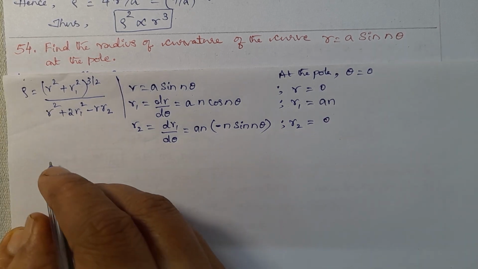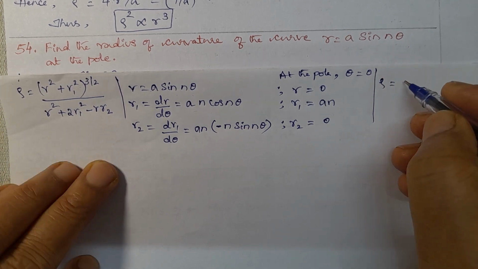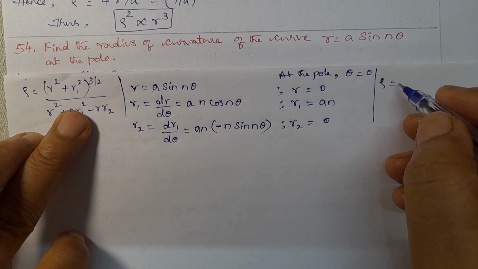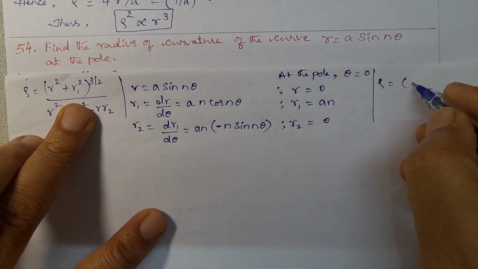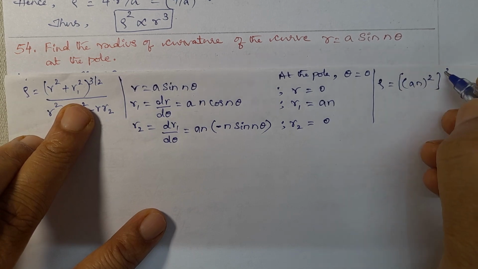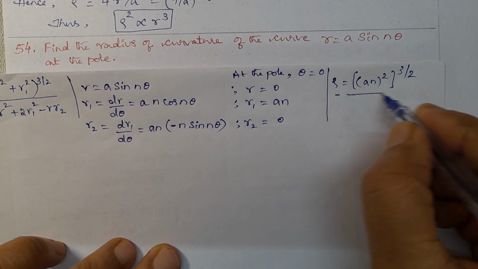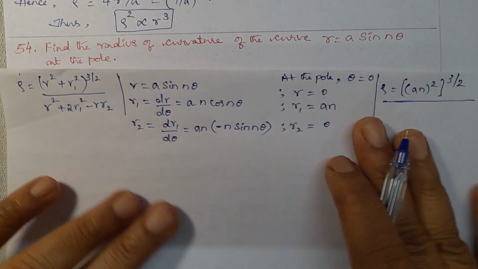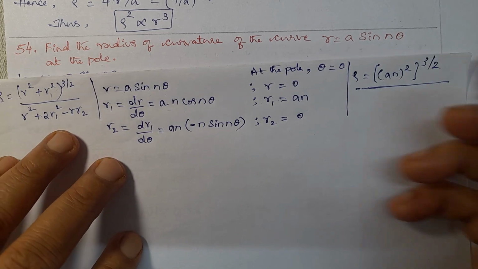Next, to find out the radius of curvature, rho equal to r square is 0 square, r1 square is an whole square, an whole square to the power of 3 by 2, divided by, next r square is 0 plus 2 times r1 square.